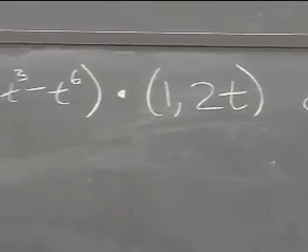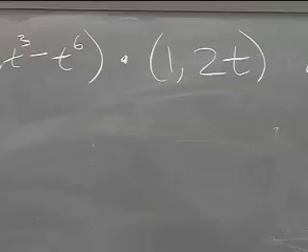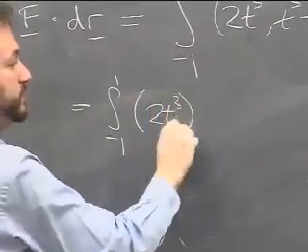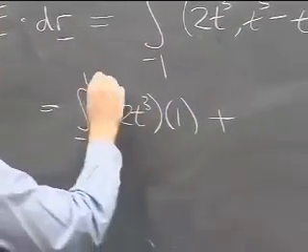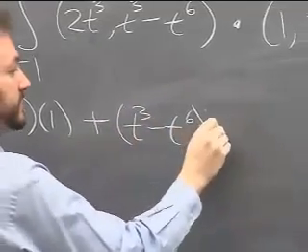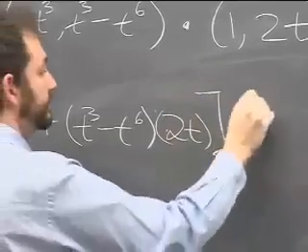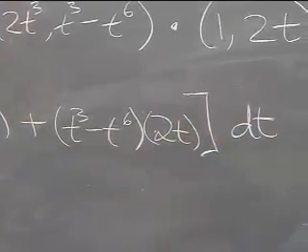Okay, so this is just a dot product of two vectors. So it's 2t cubed times 1, plus t cubed minus t to the 6th times 2t, dt. Nothing to be scared of here.